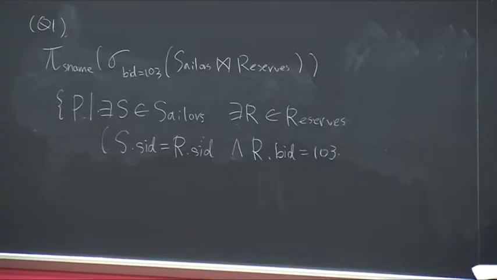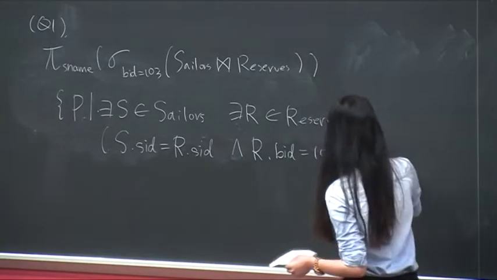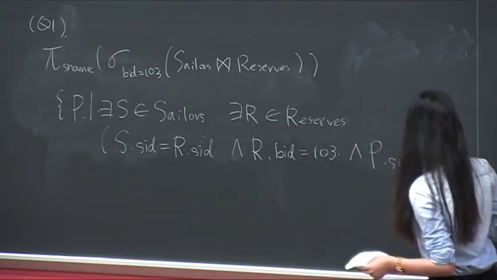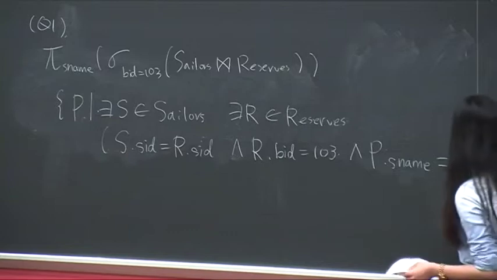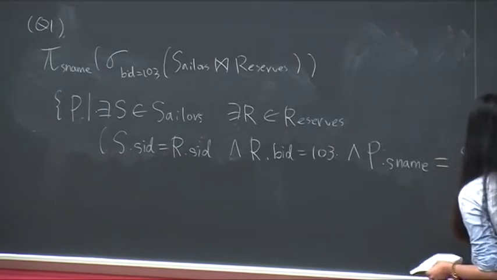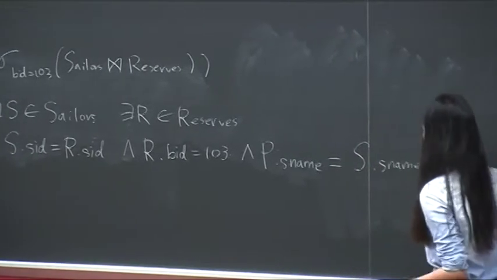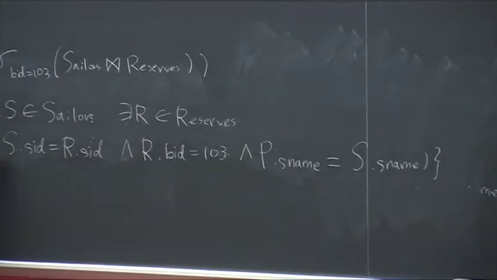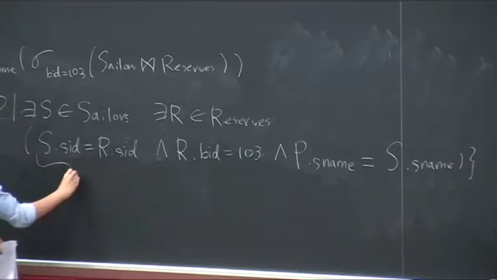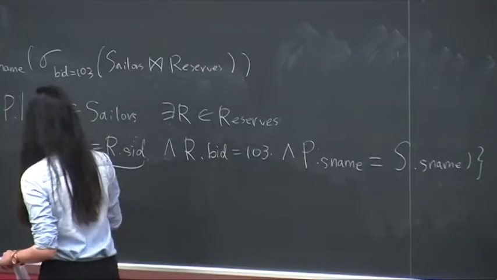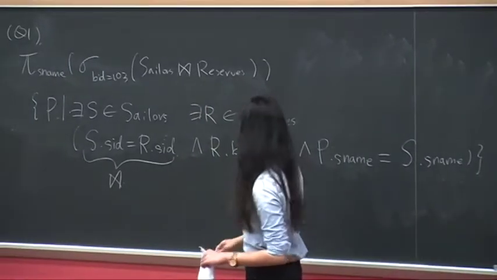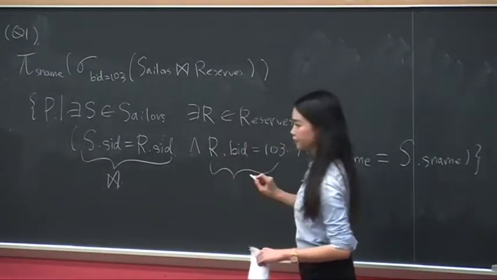What's the final thing, since we want the S name? So P dot S name, where does it come from? So, right here, the first term takes care of the join. Okay? How about the second term?